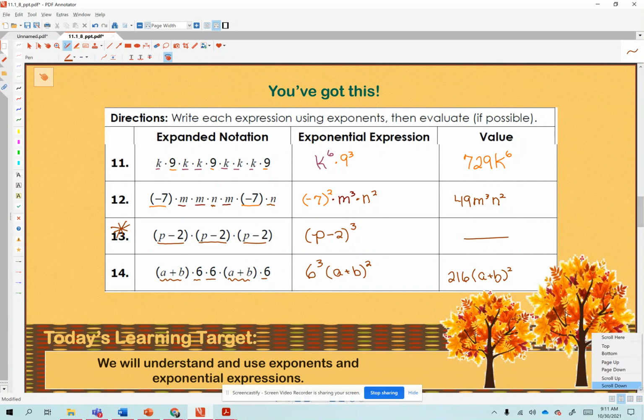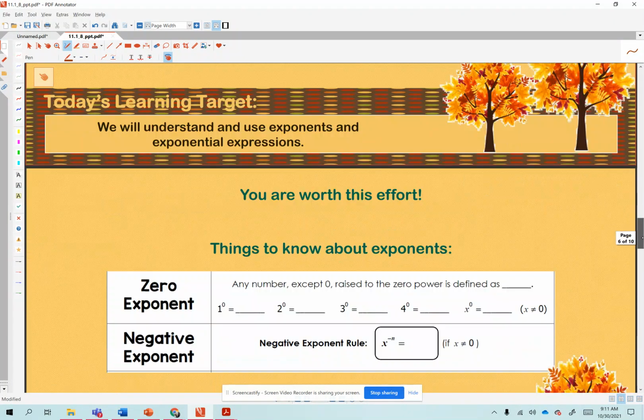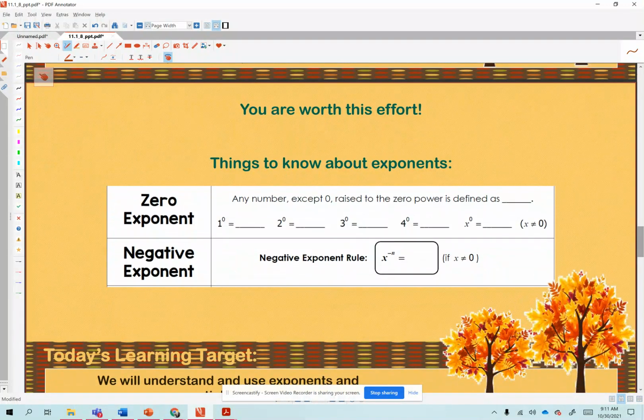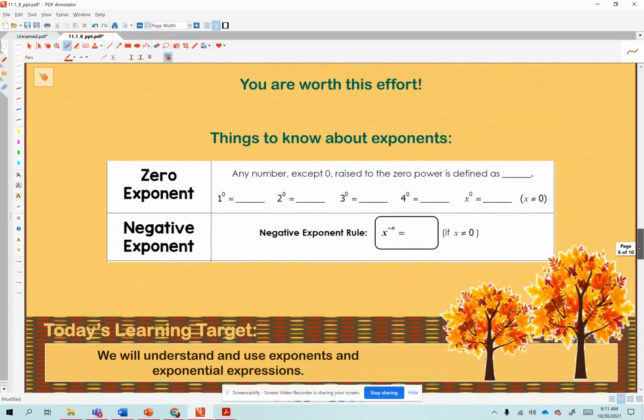So let's go on to our second page. And I'm going to tell you a few things you need to know about exponents. So there's the zero exponent rule. If you have a 0 as an exponent, there's a special rule.